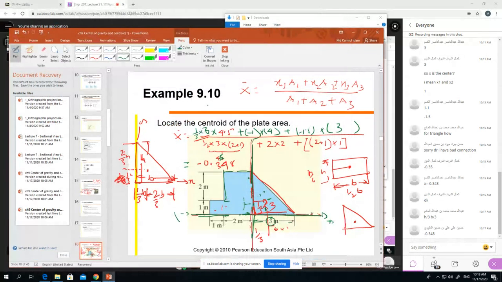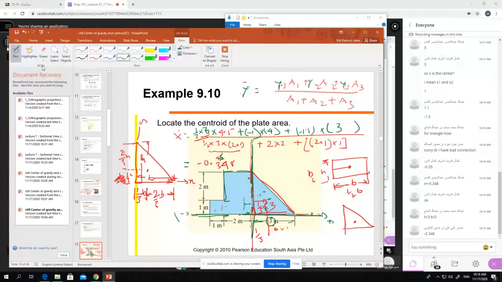Now similarly we need to calculate the y bar, right? How do you calculate y bar? Everything is the same, only we write y here. y bar is equal to y1, y2 and y3, everything is the same.